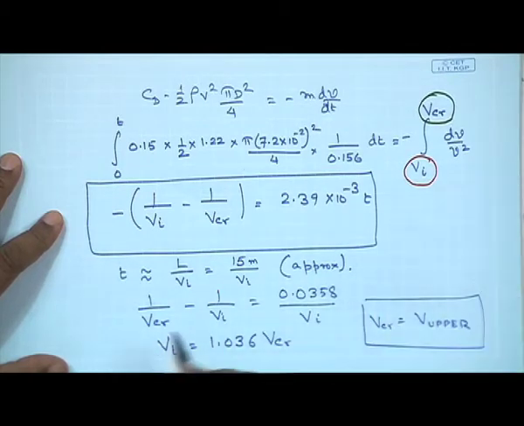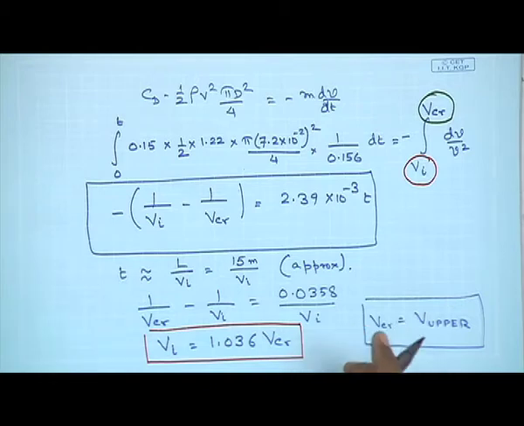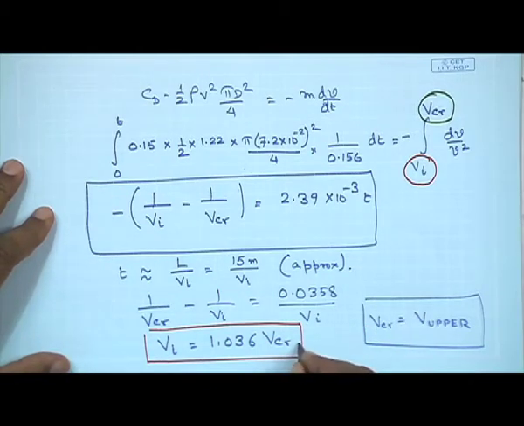So the final result is this. Now when you put in the value of V critical, this would be about 109 km/h.